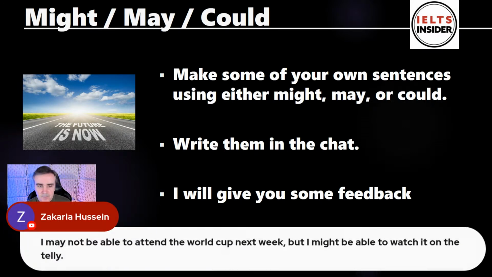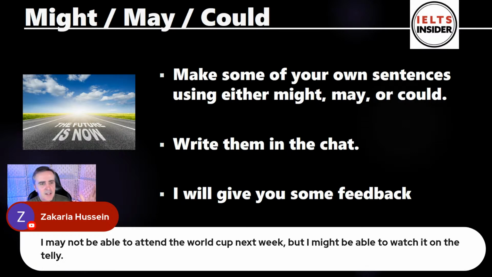Perfect sentence. Zakaria: I may not be able to attend the World Cup next week, but I might be able to watch it on the telly. Excellent. So that's a great sentence because it's very topical. I believe the World Cup is starting tomorrow. Is that right?